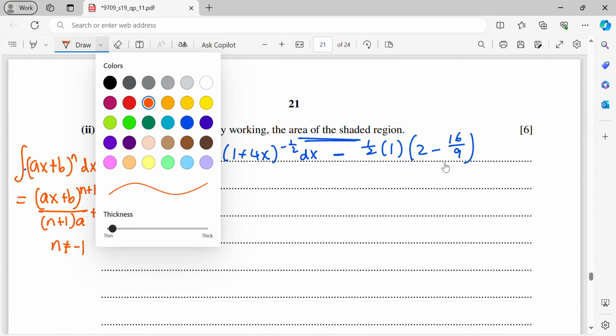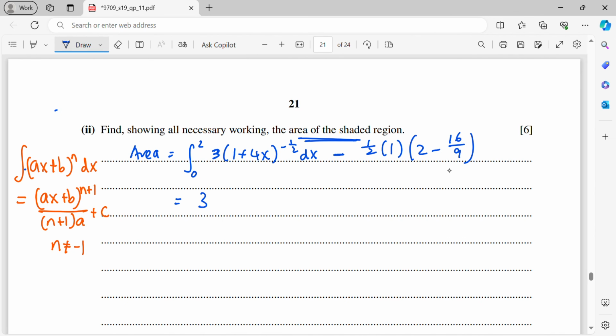That means now I will write 3 first. So 1 plus 4x, degree of minus half, you change to minus half plus 1, that is half. Then over half, and differentiate 1 plus 4x is 4. Then now limits from 0 to 2.